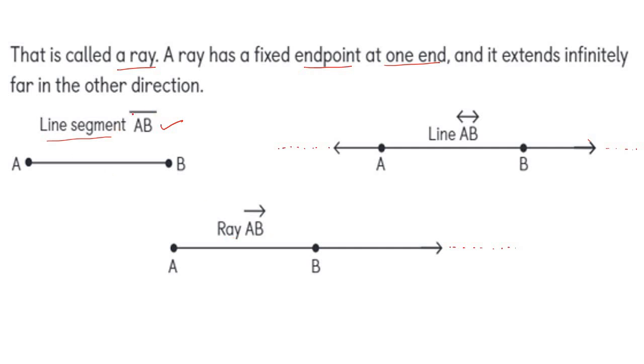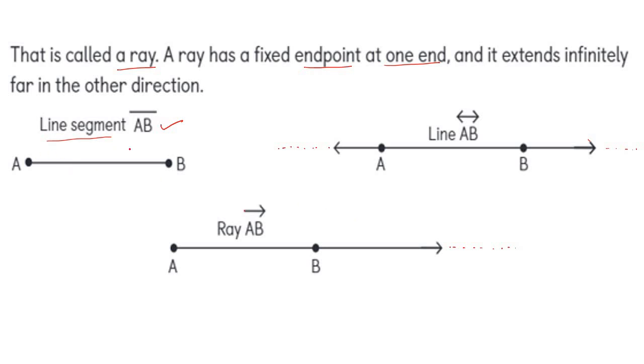On the line segment there are no arrows, and on the line there are two sides arrows, and on the ray only one arrow is there. The other side there is an endpoint. Is it clear, children?